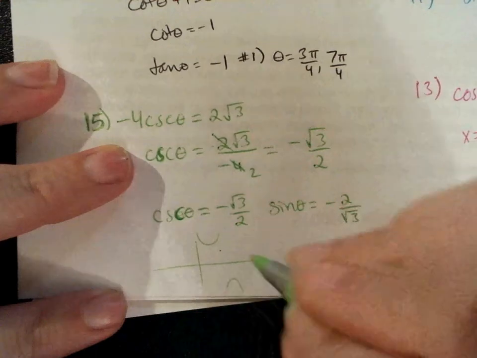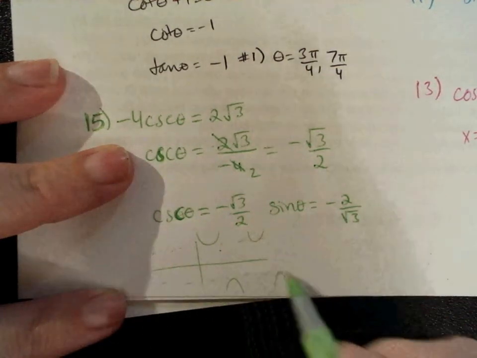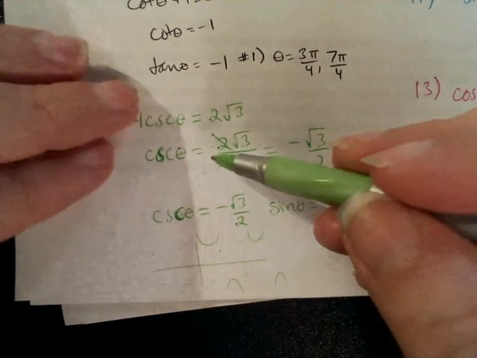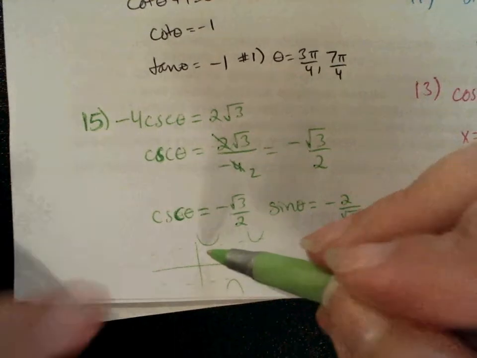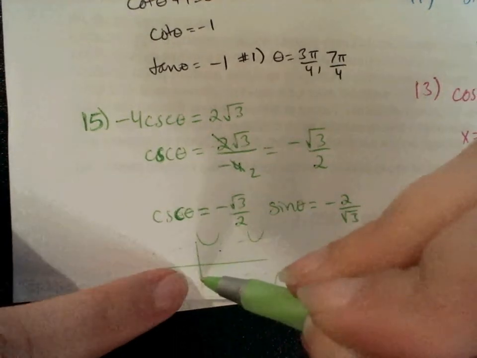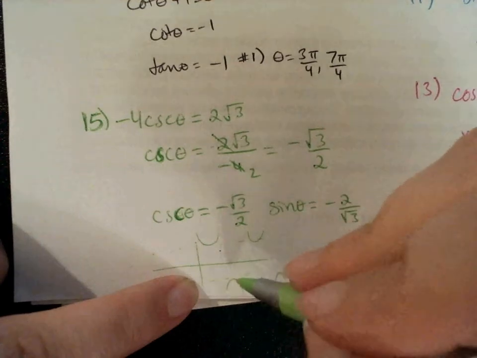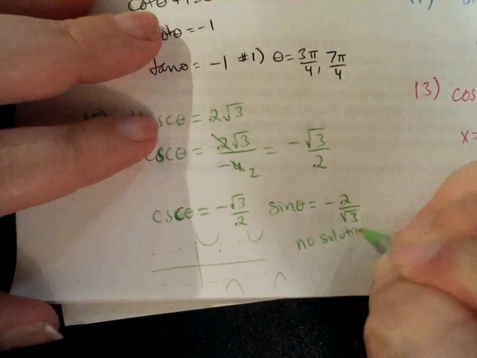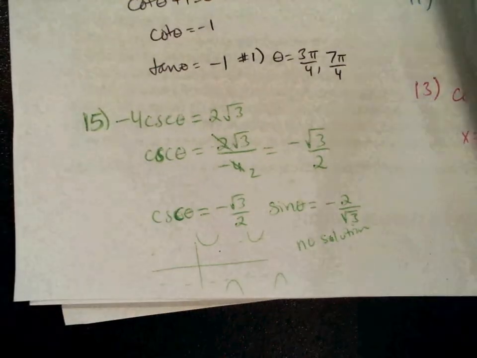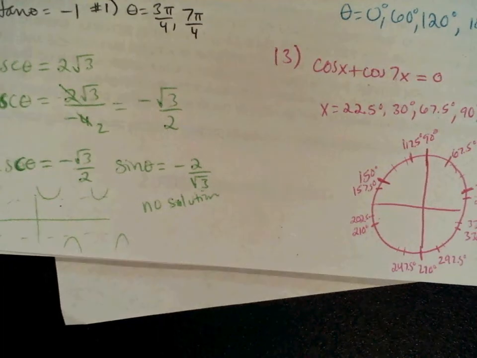Square root of 3 divided by 2 is less than 1, and cosecant, the reciprocal of sine, the highest and lowest it goes is 1 and -1, right? So, I mean, like, it goes above 1 and below -1, but it doesn't reach anything in between. And square root of 3 over 2, negative square root of 3 over 2 is between 0 and -1. Cosecant never equals it, so there's no solution to that problem.